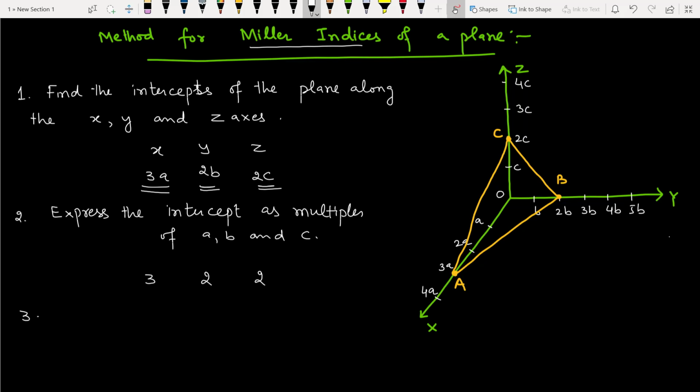Third step, take reciprocal. So it will be 1 by 3, 1 by 2, 1 by 2.